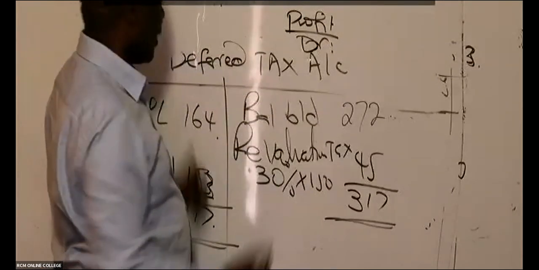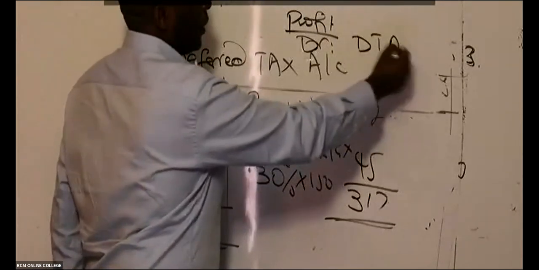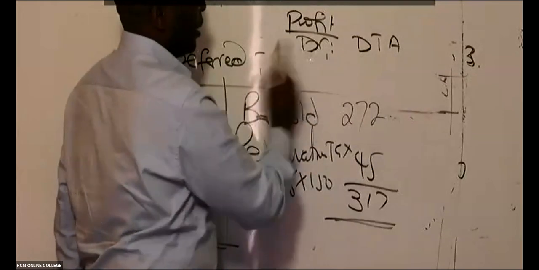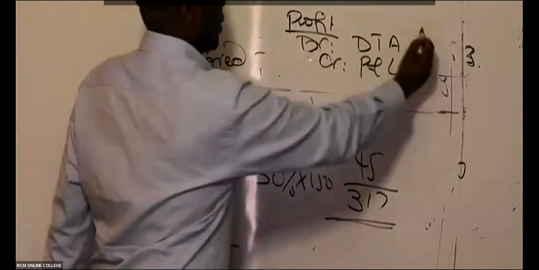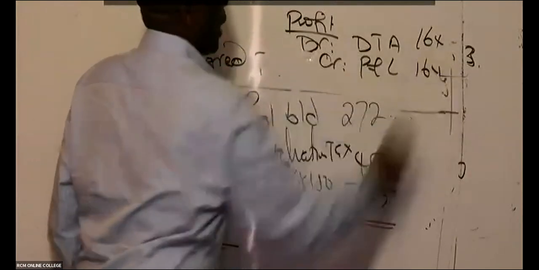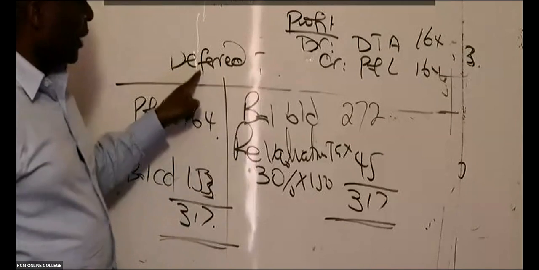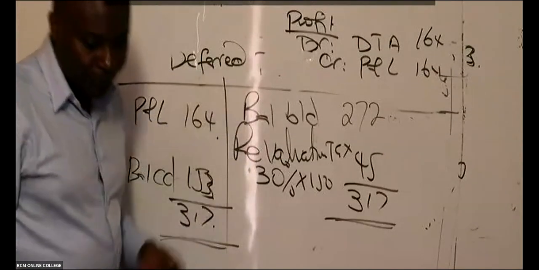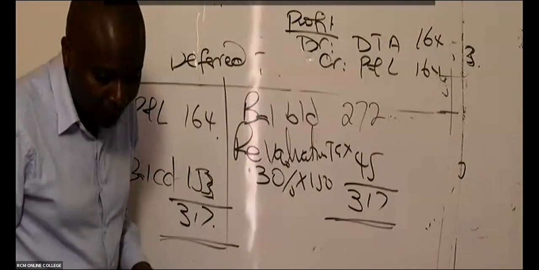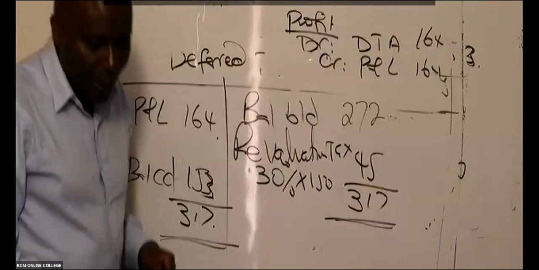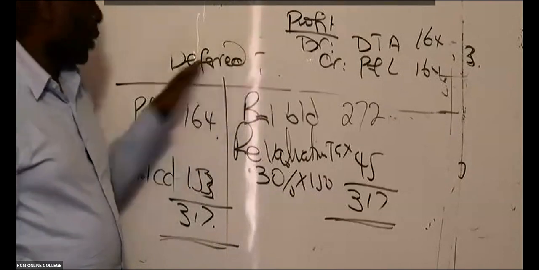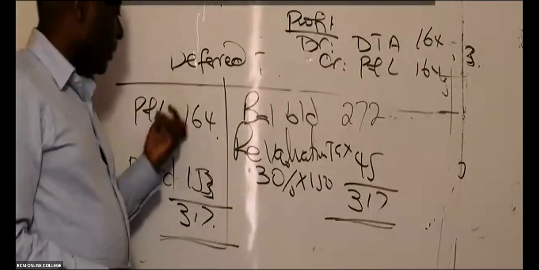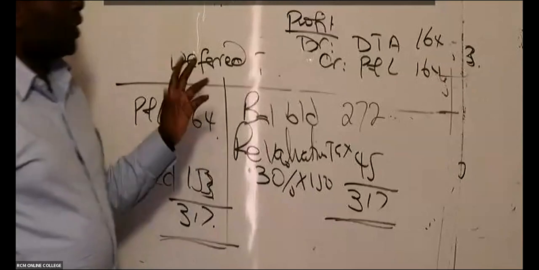I'm debiting my deferred tax account. Debit deferred tax account. And then I'm crediting the P and L with 164. Of course, you can see here, we have debited the deferred tax account, and then you are crediting the P&L.